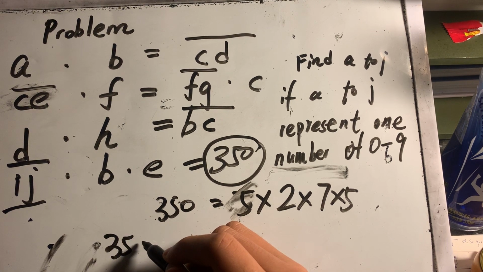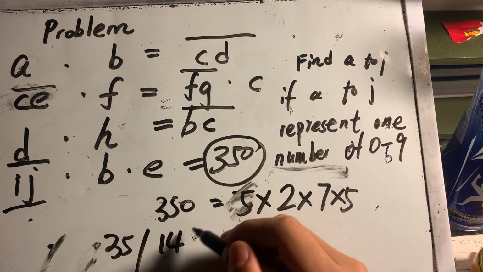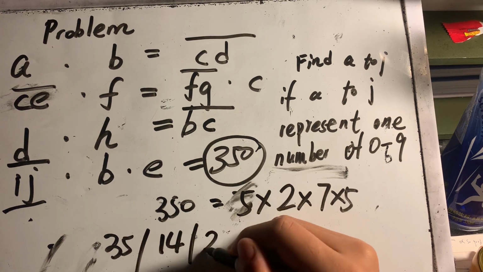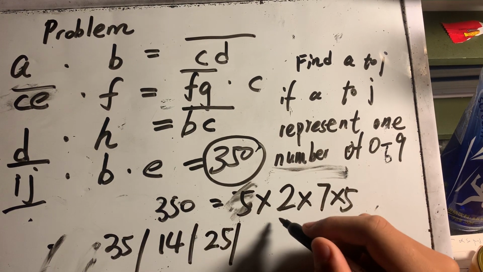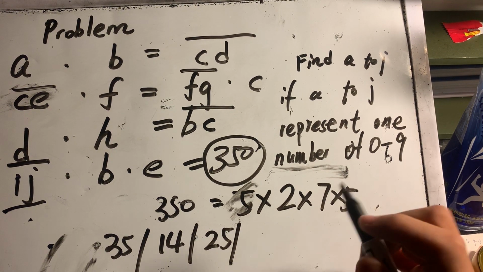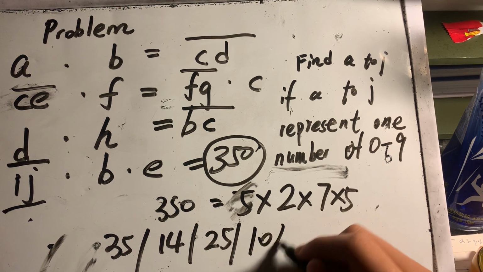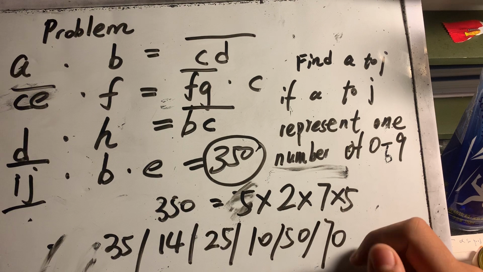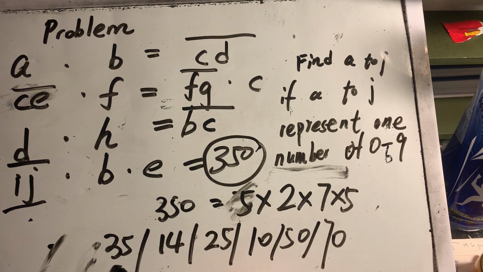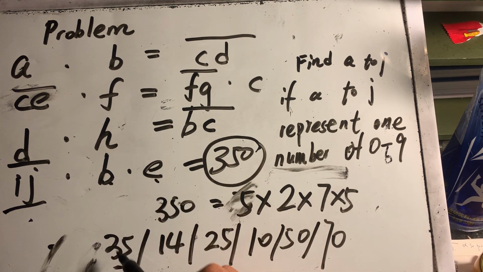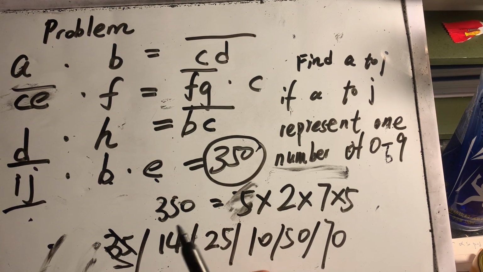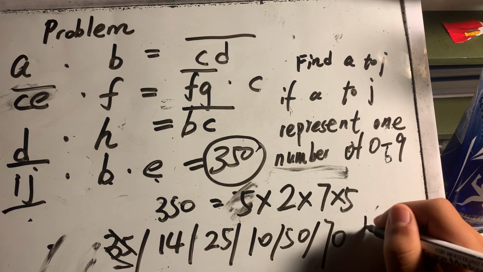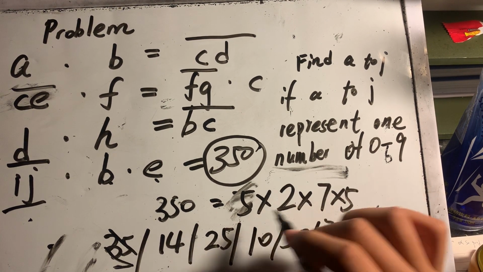35, 14, 25, 10, 50, and 70. However, if this is 35, then the others have to be 2 and 5. It is not right. If this is 14, then the others can only be 5 times 5.